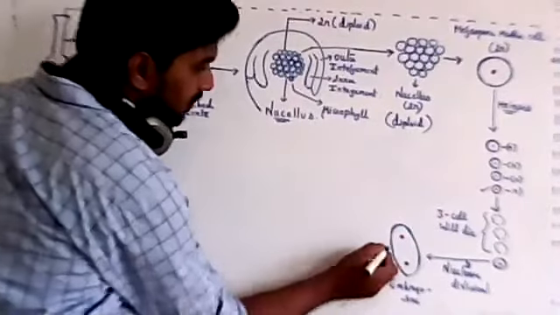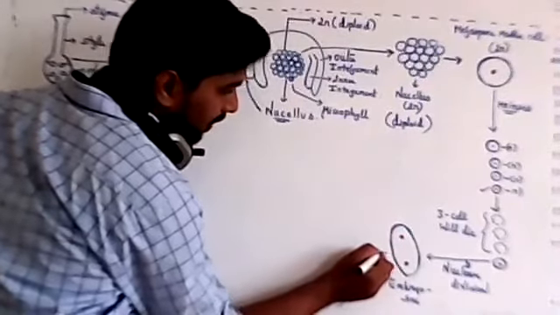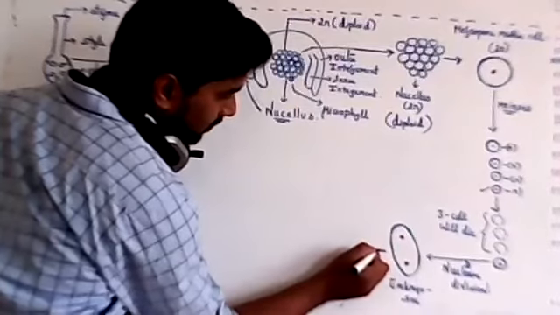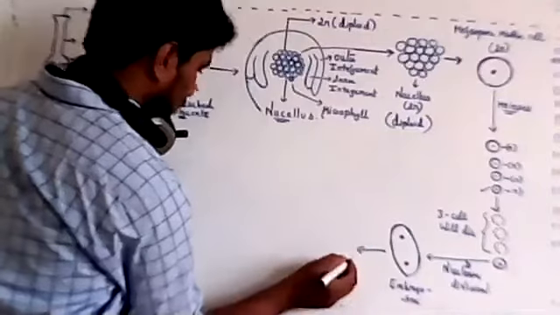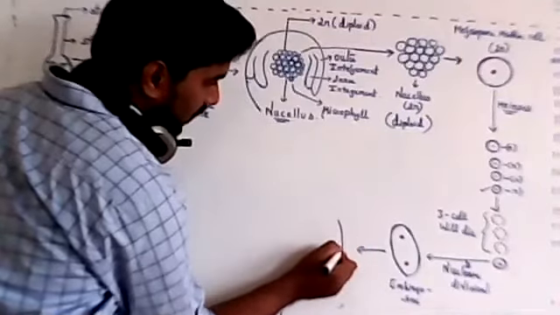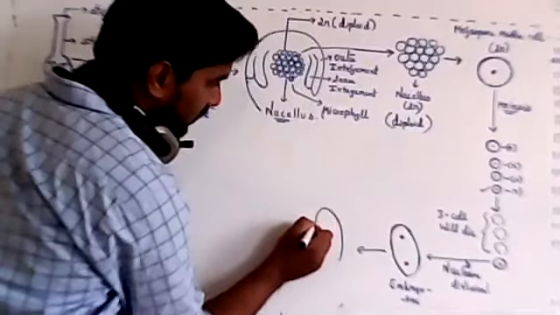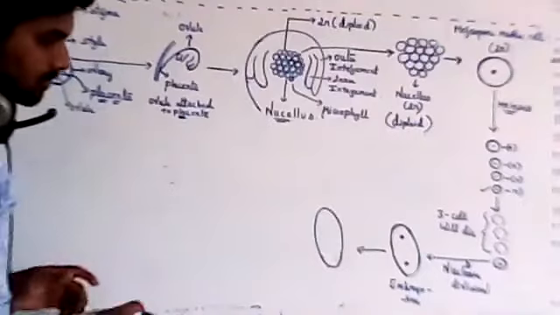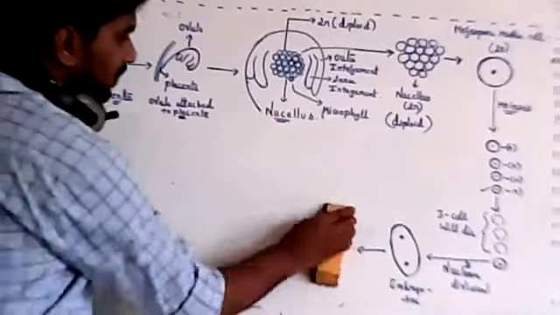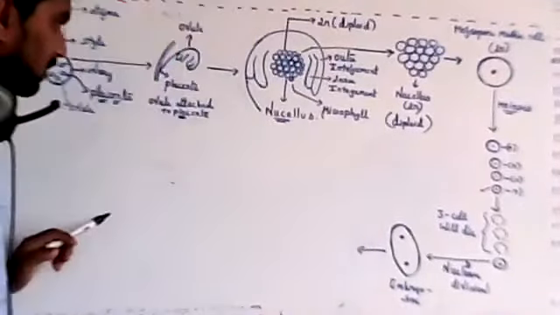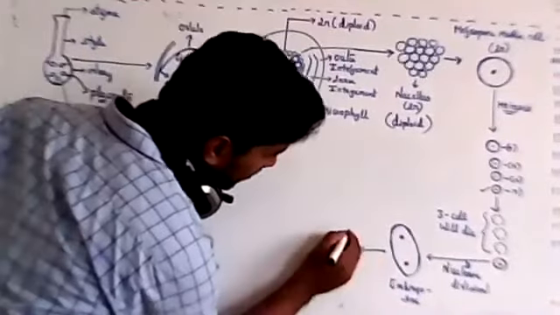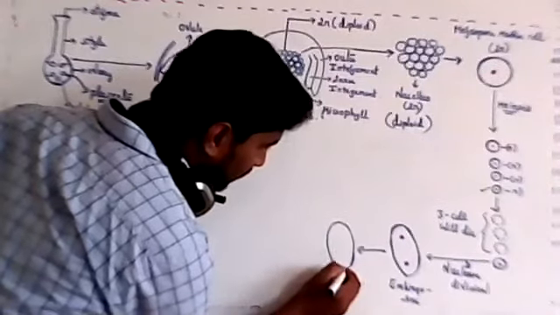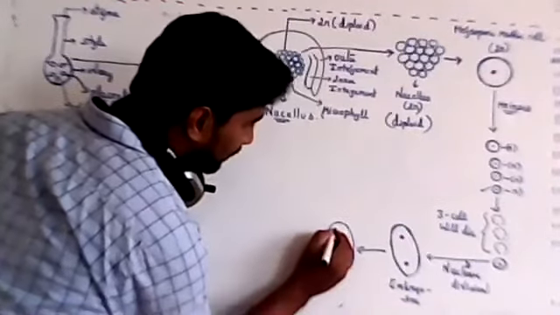Next, these two nuclei will again undergo nuclear division. These 2 nuclei will again divide and form 4 nuclei.